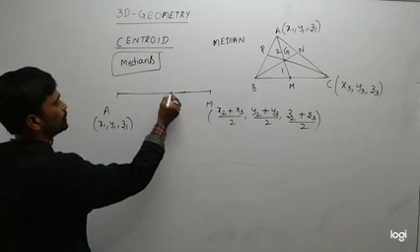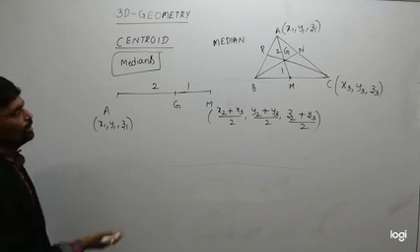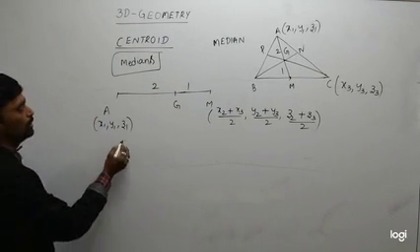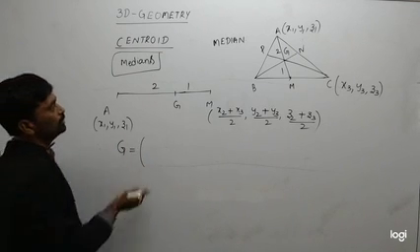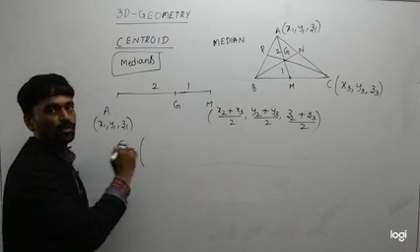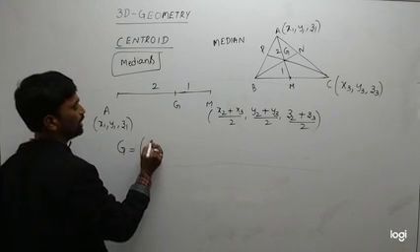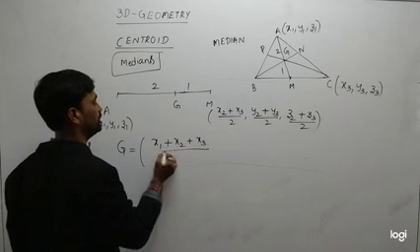Okay. Now the centroid divides this median in the ratio 2 is to 1. Using the section formula, you will get the centroid coordinates. I am writing directly: 2 into this plus 1 into this, divided by 2 plus 1. If you do that, you will get (x1 + x2 + x3) / 3.